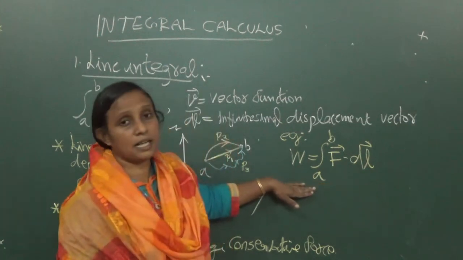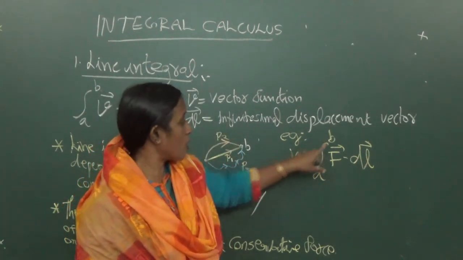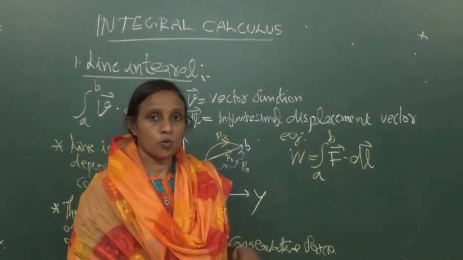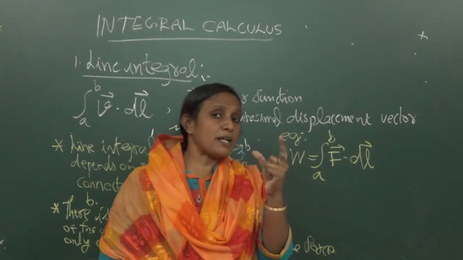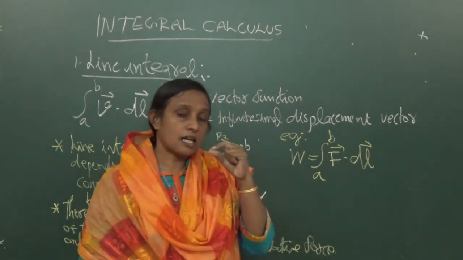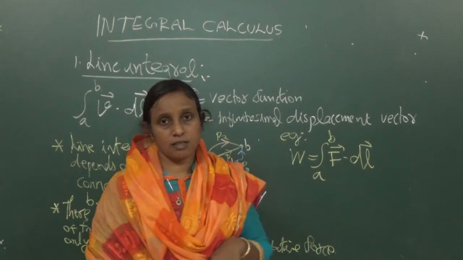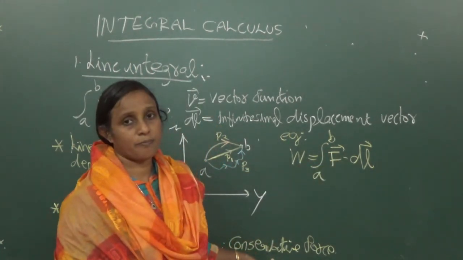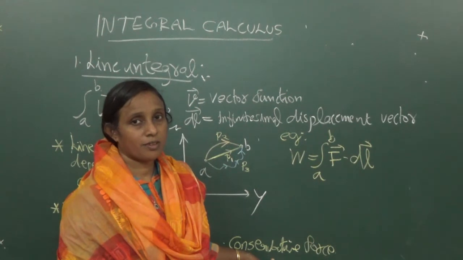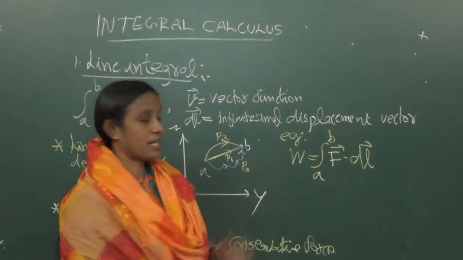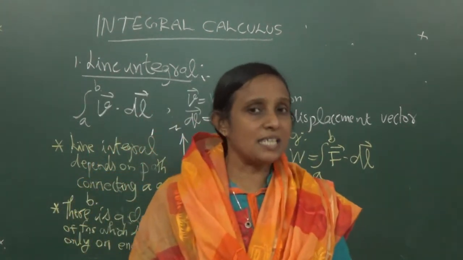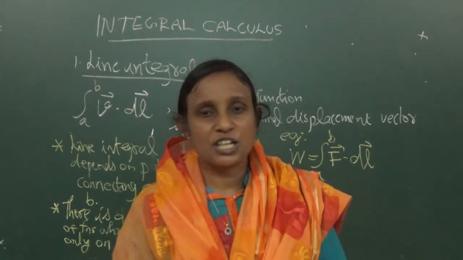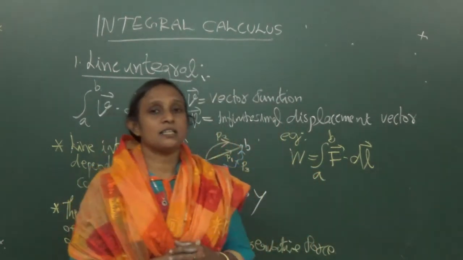If this work done depends only on the endpoints, or is independent of the path connecting A and B, this force is called conservative force. So in connection with the line integral, please remember all these things. We need it later in this paper.